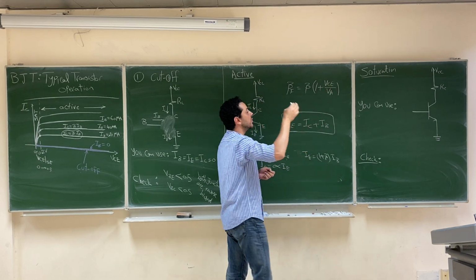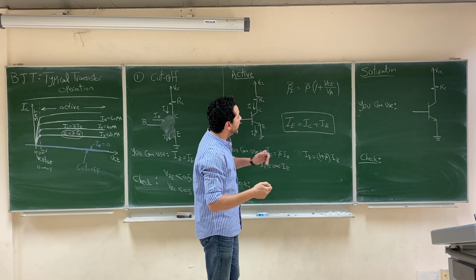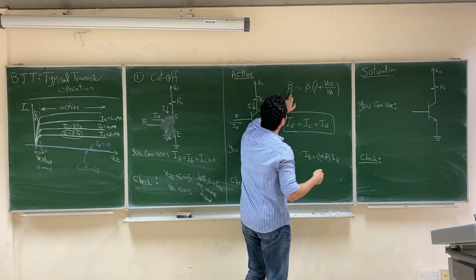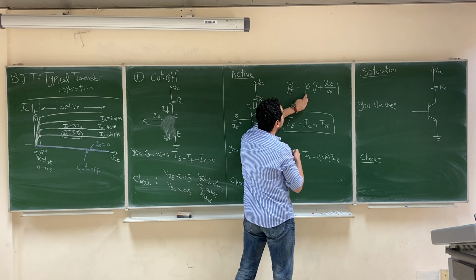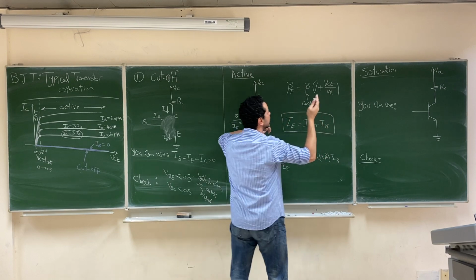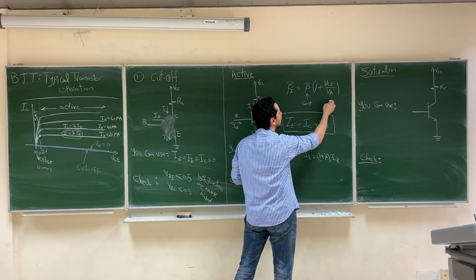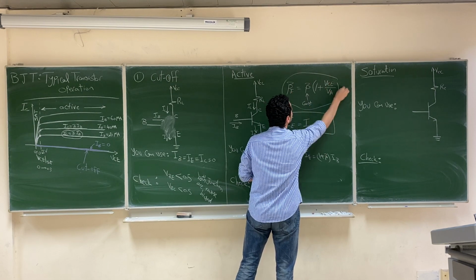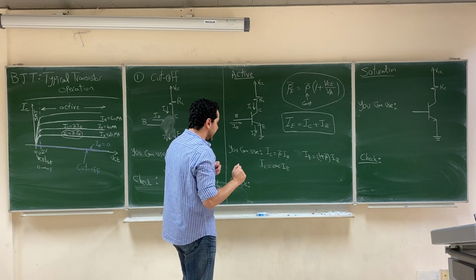So if I mention in the question that we have an early effect with an early voltage VA, then you have to use beta, which we call here beta F, to be the constant beta, which is 100 or 50 or whatever, multiplied by (1 plus VCE over VA). So beta will be dependent on the early voltage and on VCE.